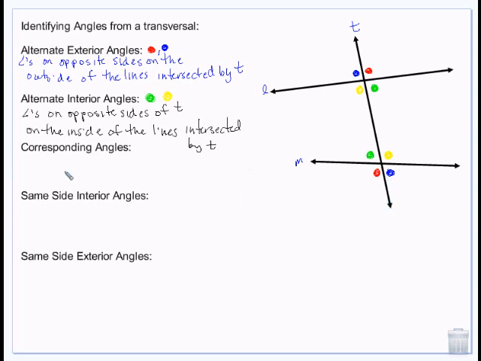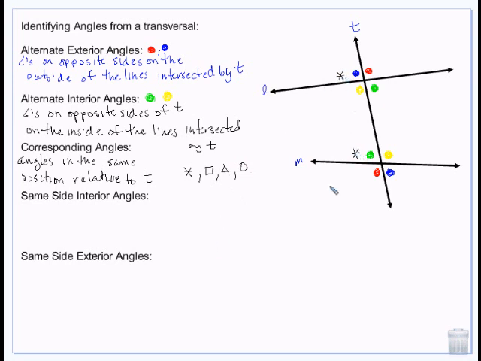Then we have what's called corresponding angles, and corresponding angles are angles in the same position relative to T. So I'm going to mark these with shapes. We're going to have a star, a square, a triangle, a circle.